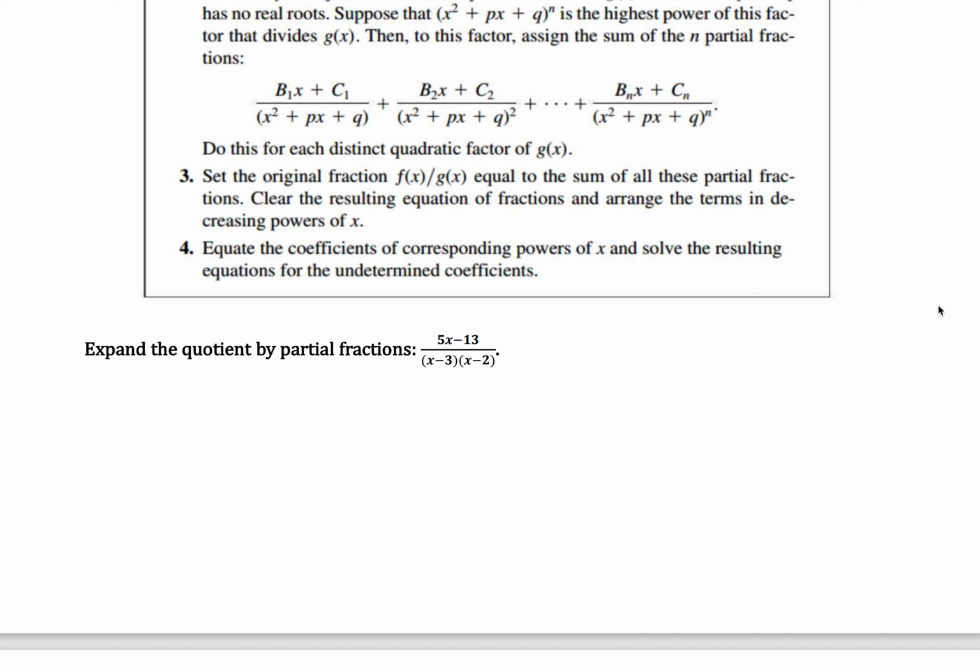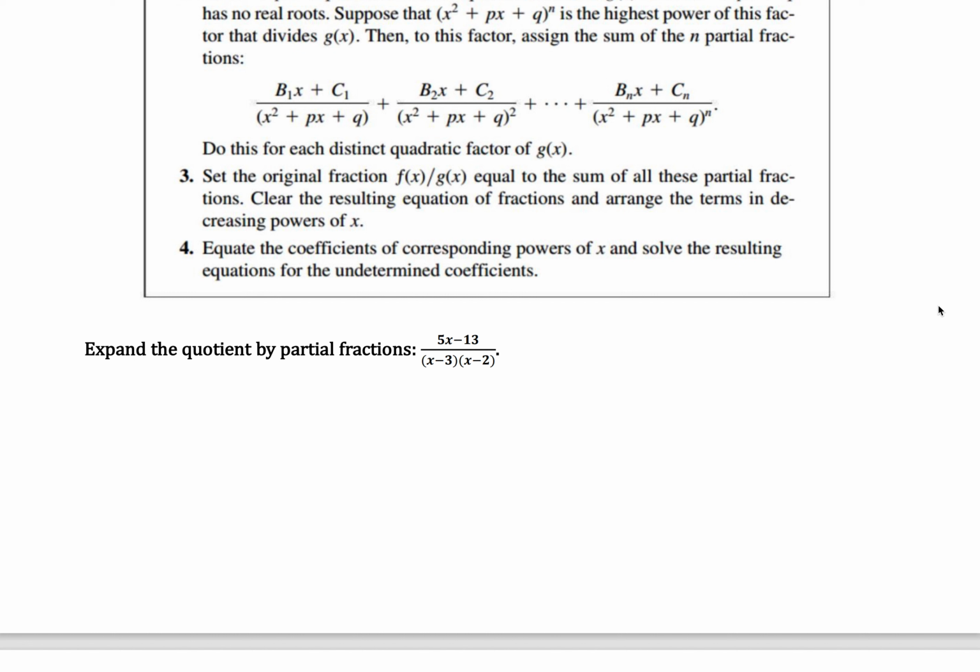So for the first example here, we're not going to actually go through the full process of integrating. I'm just going to show you how we turn a rational function into partial fractions. In this case, we're given 5x minus 13 over x minus 3 times x minus 2.